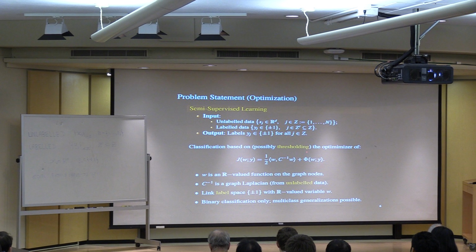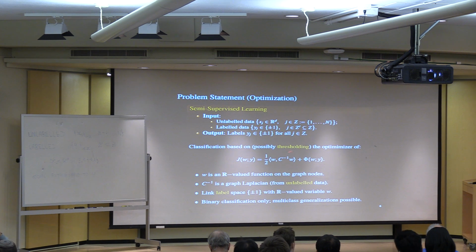The optimization approach to this problem will be based around optimizing over w, which will be a real valued function defined on the graph nodes, the set Z of integers from 1 to N. We'll optimize with respect to this real valued function w the sum of two terms, one of which is quadratic and will represent correlation information from the unlabeled data, and the second of which will not be quadratic in general, and will represent the constraint to be faithful to the labeling that is given to us on the subset Z prime or on the nodes Z.